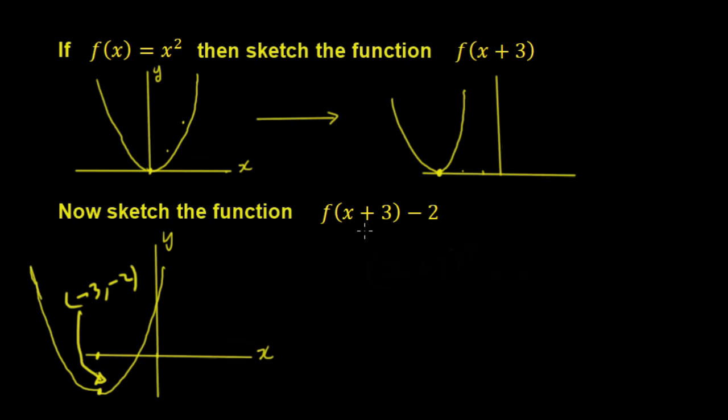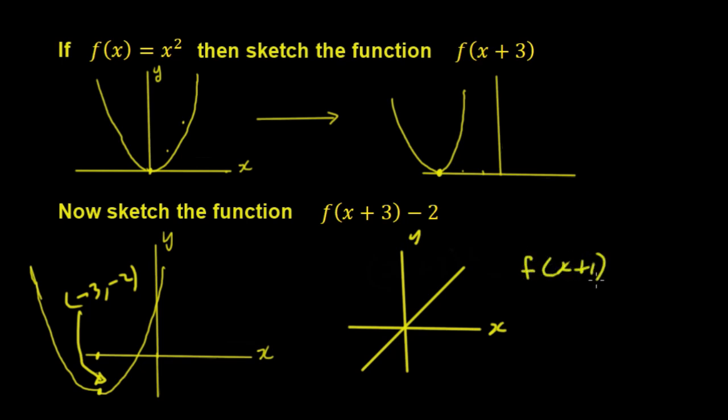So let's say we had a function, just simple function y is equal to x. So we'd have our x here, we'd have our y, and we'd have our function y is equal to x. Now if we were to then do the function f of x plus 1, then look and see what happens to each individual point.